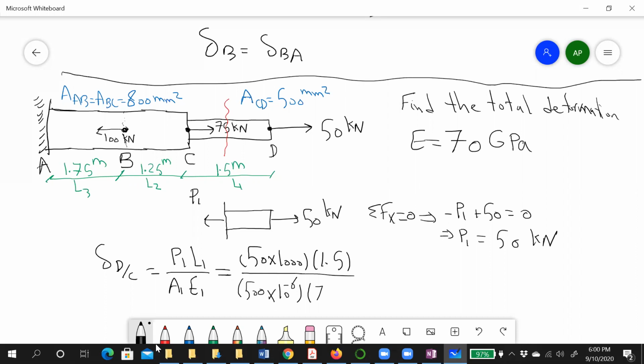E in gigapascal is 70 times 10 to the 9; 10 to the 9 converts gigapascal to pascal, and pascal is newton per meter square.